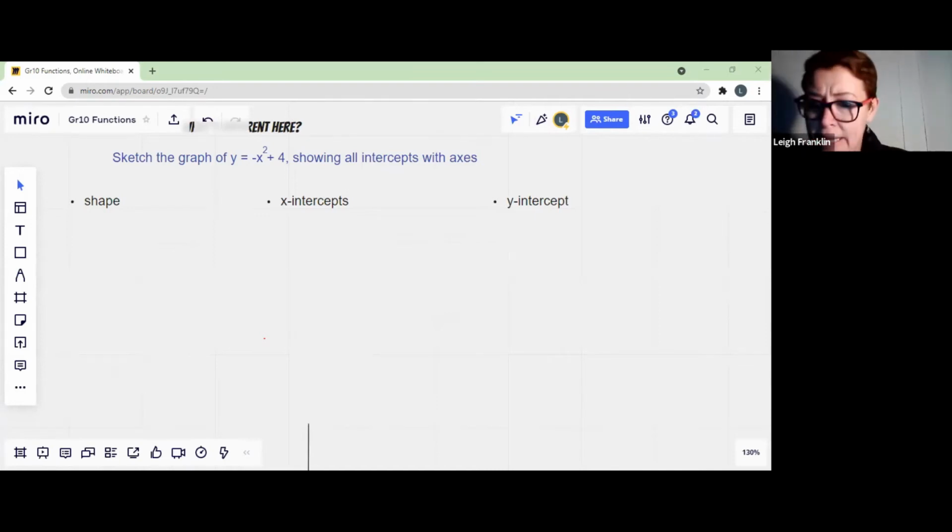Yes, Marisa, it is possible for you to draw more than one function on a set of axes, 100%. And that's why we give them names like f of x and g of x and h of x, so that just like us as people, we've got names to differentiate us from other things. It's exactly the same idea.